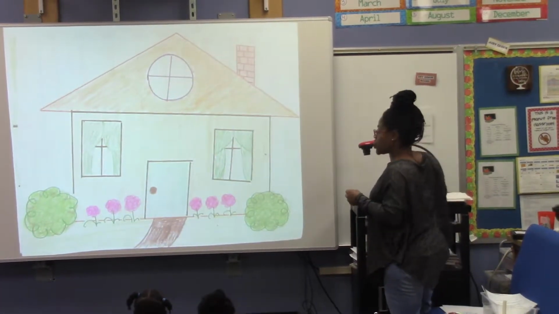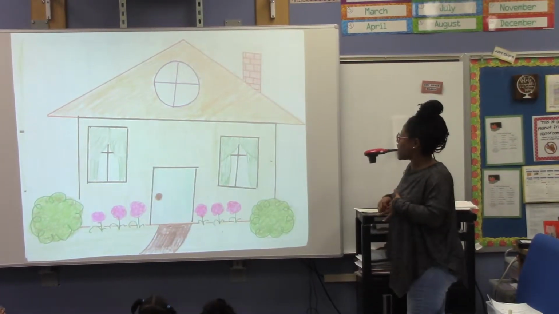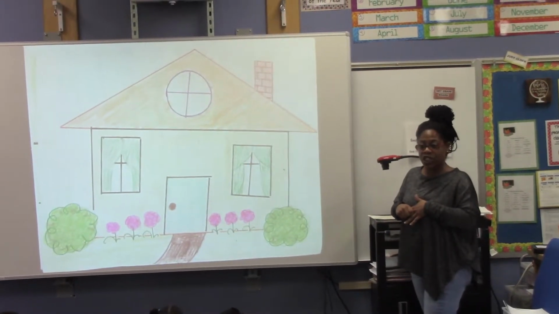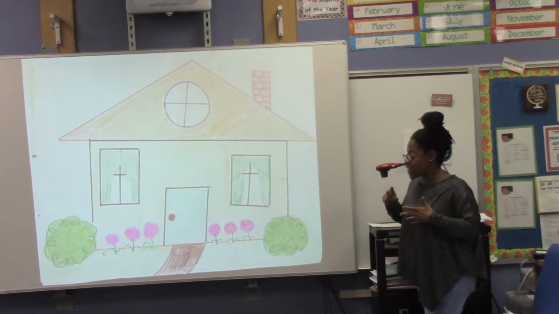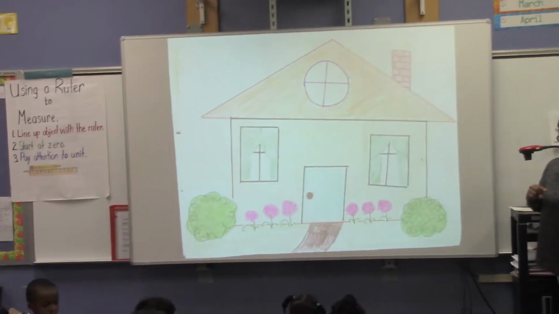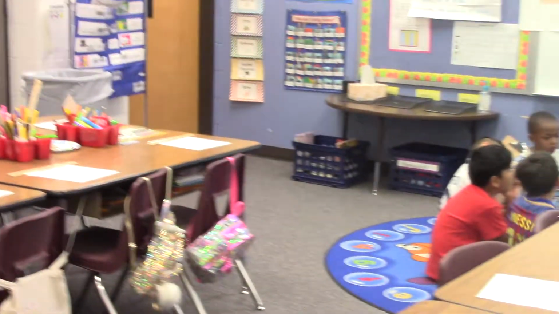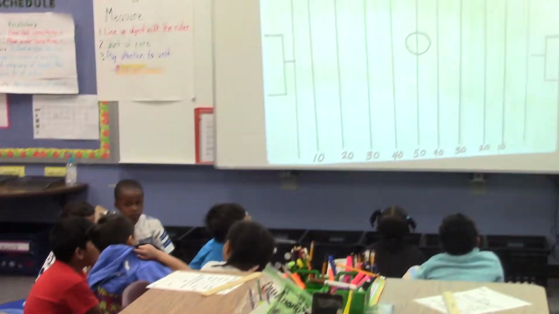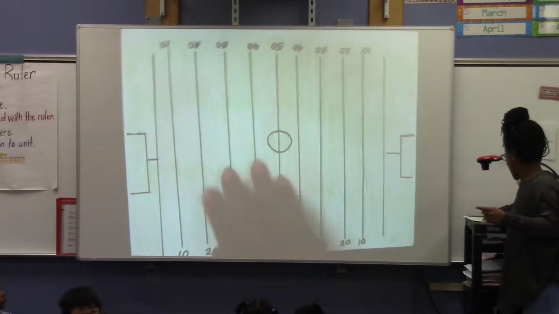Ladies and gentlemen, let me just show you this here while we're still in our spot. There are a lot of things that we can use measurement for. We can use measurement for building houses. We can use measurement when we're playing sports. This is a field. And then we can use measurement to measure our shapes.